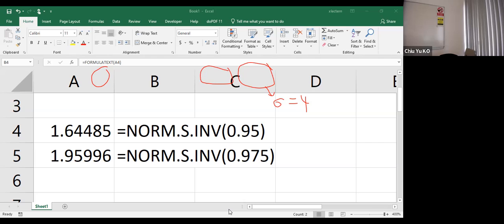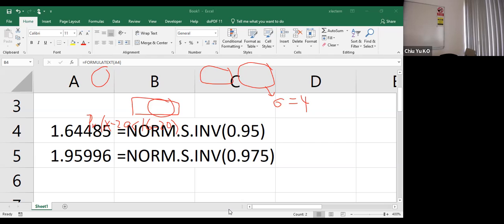One way is to do the following: X minus 20 less than 16 minus 20. You subtract 20 from both sides, which is exactly the same. Then you divide both sides by 4, and this is standard normal.